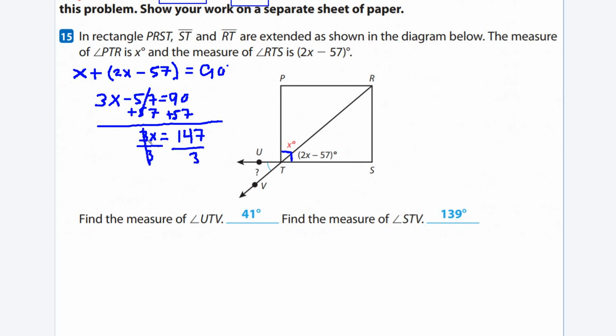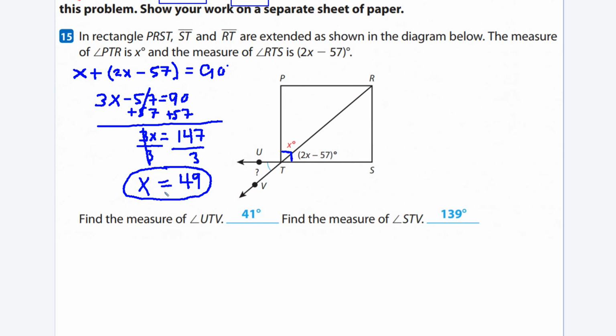Sorry, the equation. Inequality is greater than or equal to, less than or equal to, greater than, less than. This is an equation. Divide by 3, we're left with x equals 147 divided by 3, 49. So we know that x now equals 49.